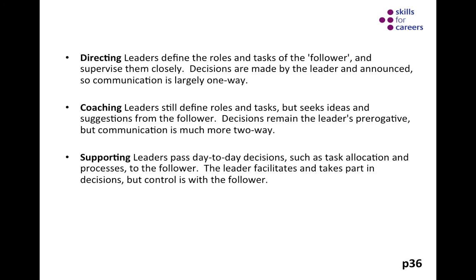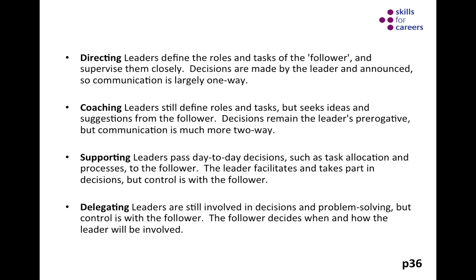And then you move on to a supportive leader, followed by ultimately the stage where hopefully you're able to delegate certain responsibilities. Although as a leader you're still involved, the actual decision-making process is fully in the hands of the member of staff or the member of the team. Okay, but please read page 36, it will give you a lot more information on that.